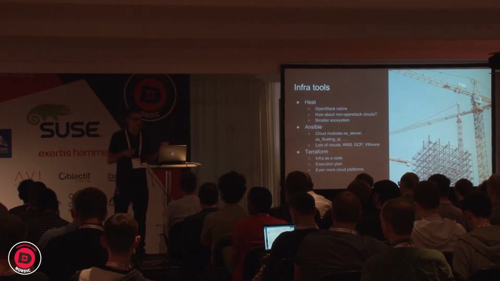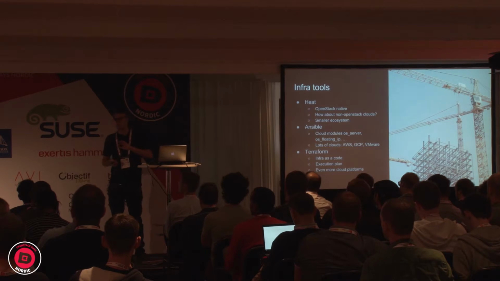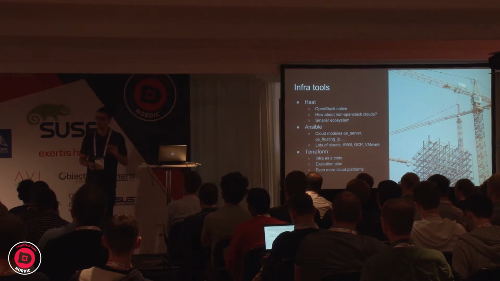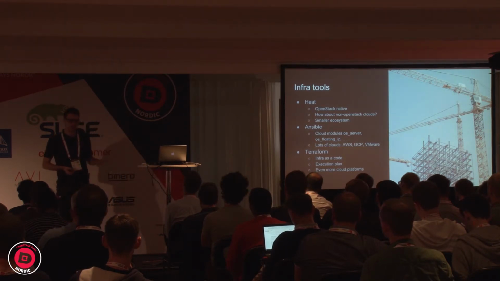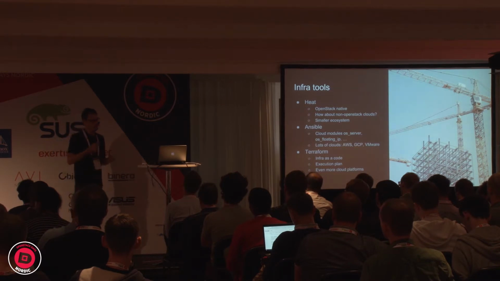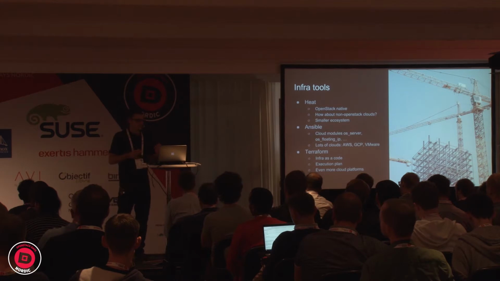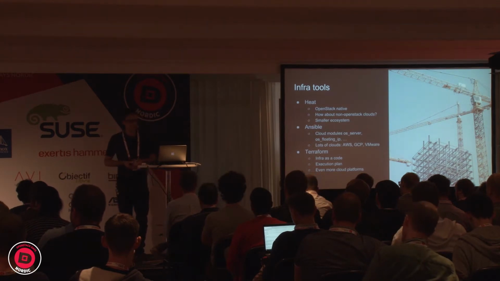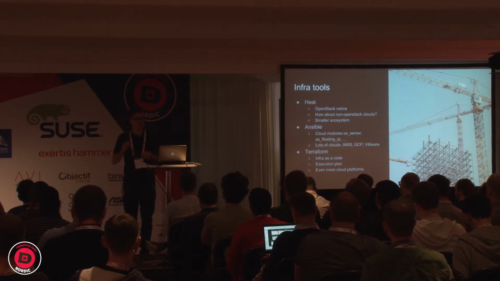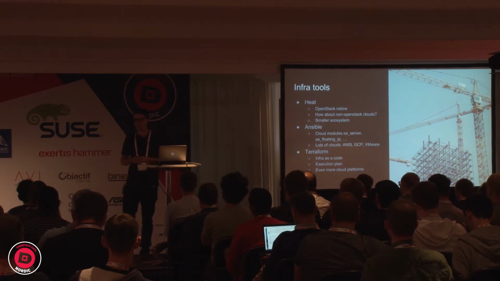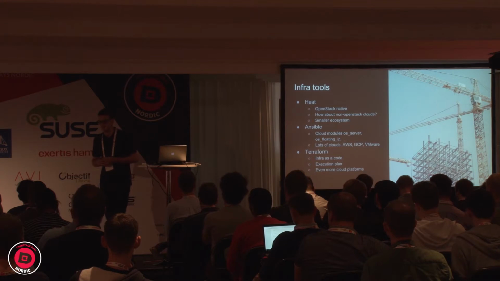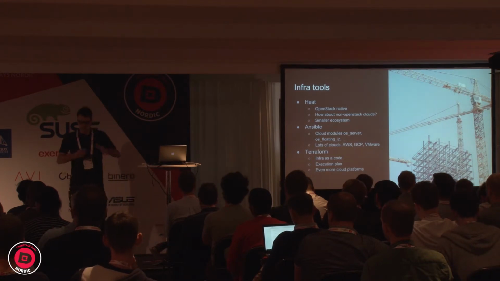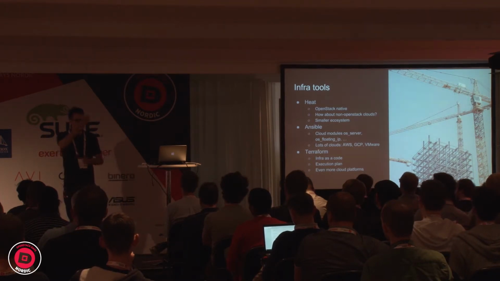And lastly, we have Terraform, and Terraform is a bit different in the sense that it's a tool dedicated to handling infrastructure as code, whereas Ansible does lots of stuff more than that. So we can see that Terraform has features that are more specific in that regard. For instance, when you run Terraform, it's going to ask you, this is what I'm about to do, I'm going to create those resources.